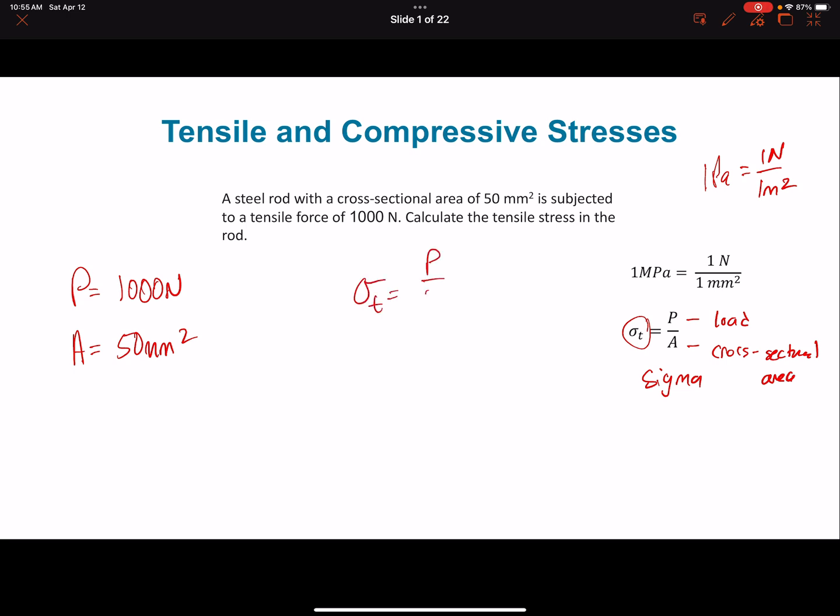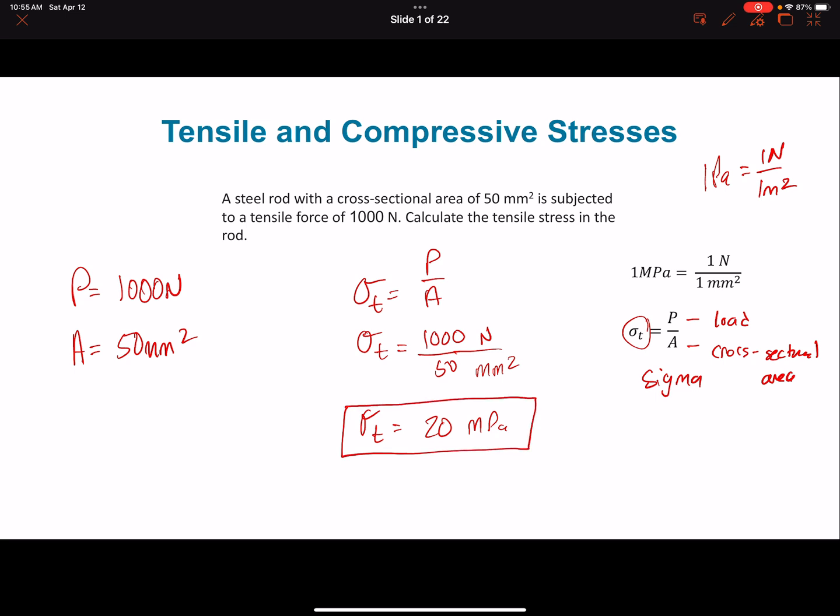Sigma T equals P over A. Sigma T equals 1,000 divided by 50, and this is Newton over millimeters squared, and that will give us an answer of 20, and this will be in megapascals. And that's our tensile stress for that problem.